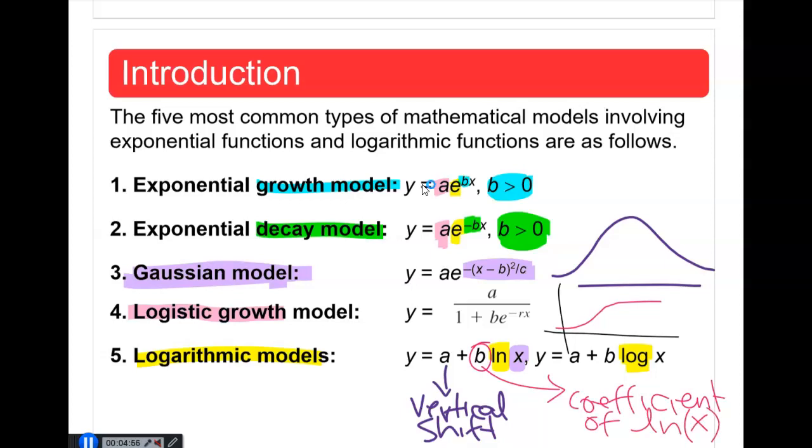So if it's bigger than 1, it could be a vertical stretch. If it's smaller than 1, it could be compression. So all those little numbers, of course, they do have a meaning, and so we're going to look at one example of each of the models.